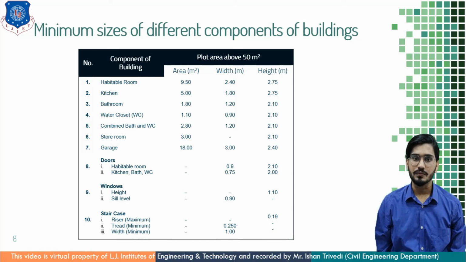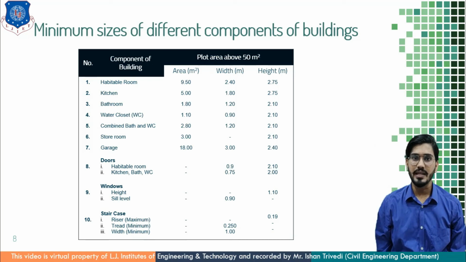First is the habitable room, where the area has to be minimum 9.5 square meters, minimum width is 2.4 meter, whereas the height is a standard height but minimum 2.75 meter has to be provided.